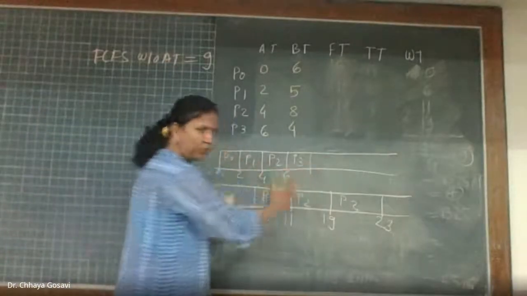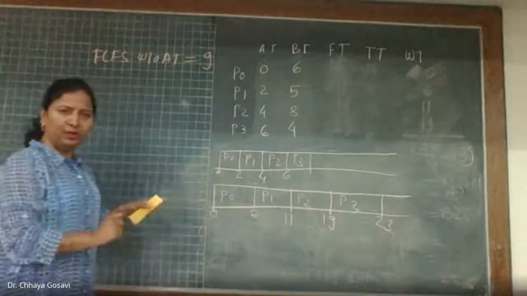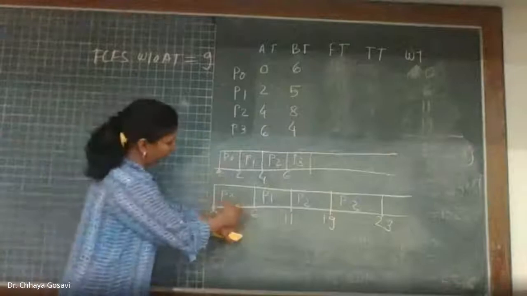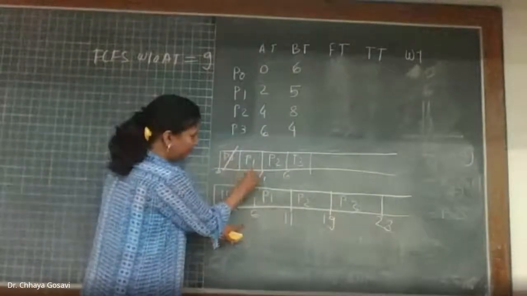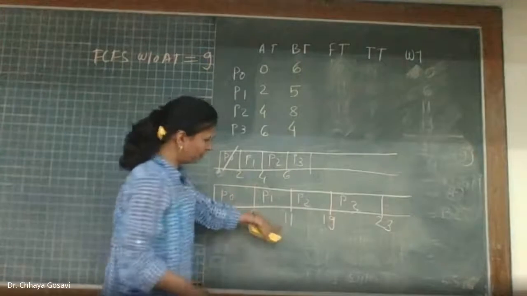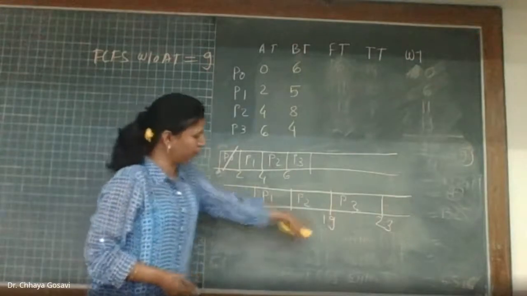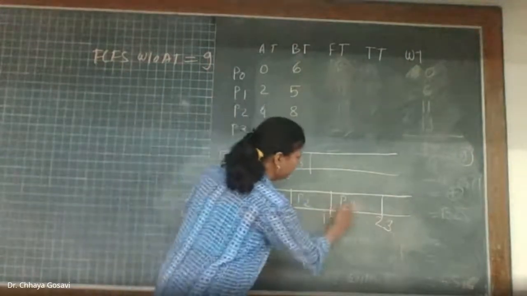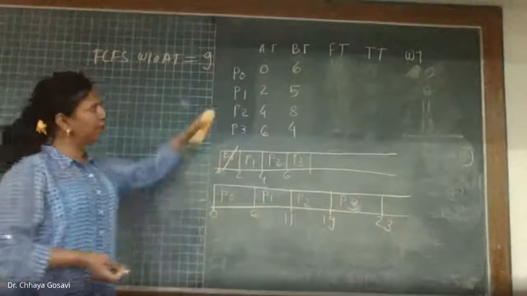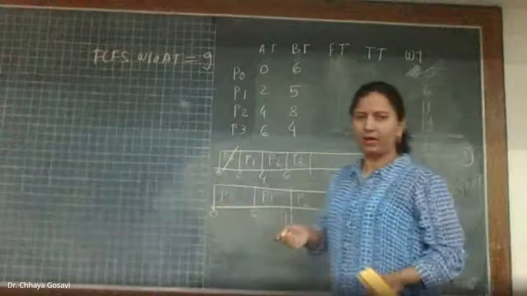So all these 3 processes are in the ready queue for execution. When P0 completes the execution, the CPU is given to P1 as per arrival time, first come first serve. It will execute till 11, then P2, then P3.